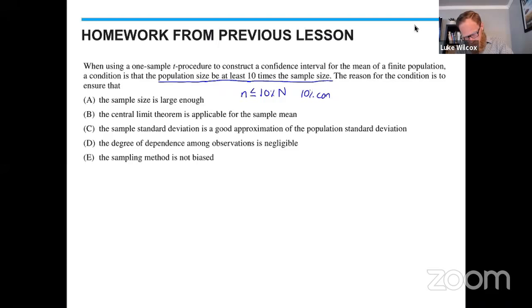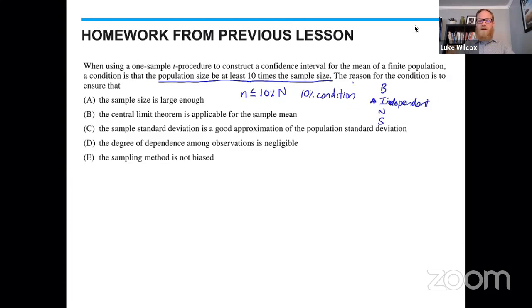And what we want to know is why is it that we actually check the 10% condition? And just to remind you where this first showed up, it showed up with binomial distributions when we were checking the 4 conditions that are necessary in order to say that a distribution is binomial. And the second condition is the independent condition.